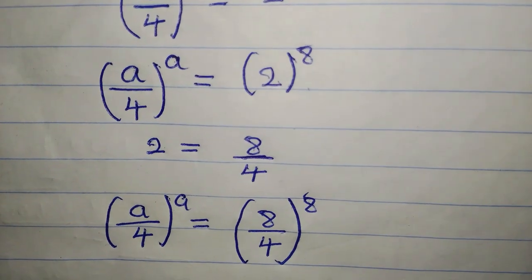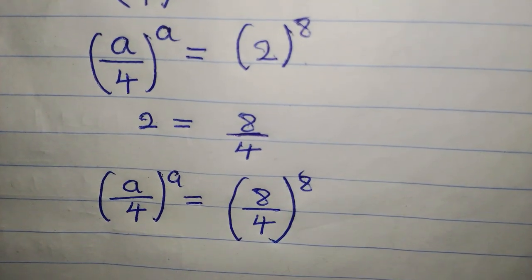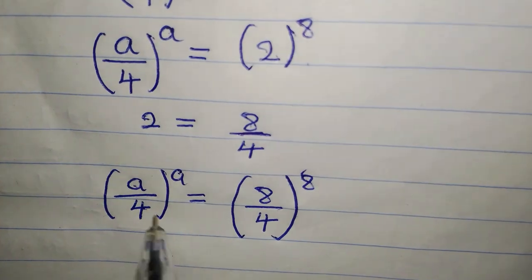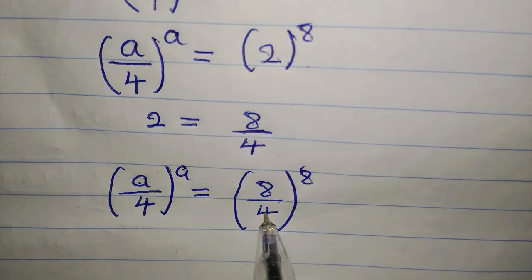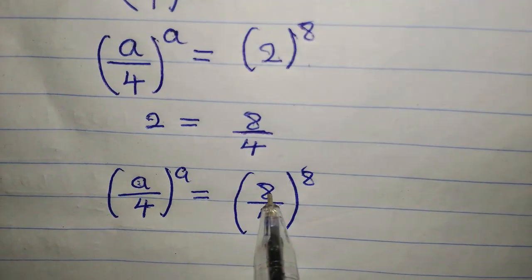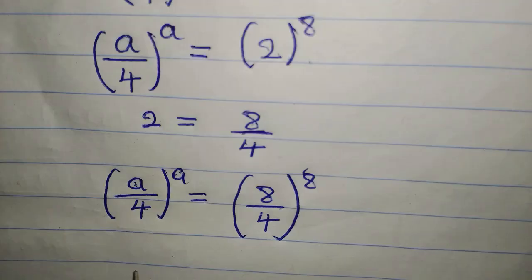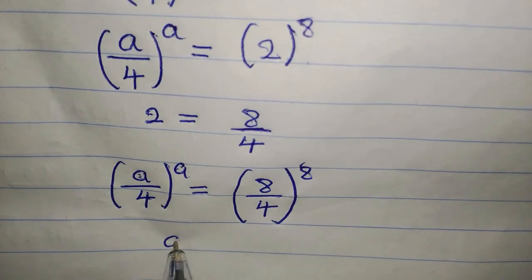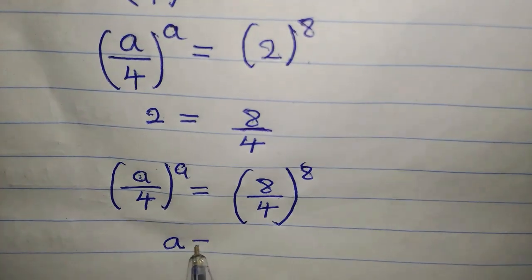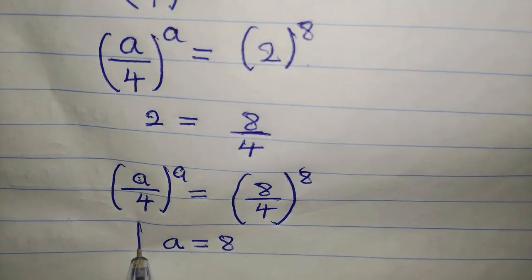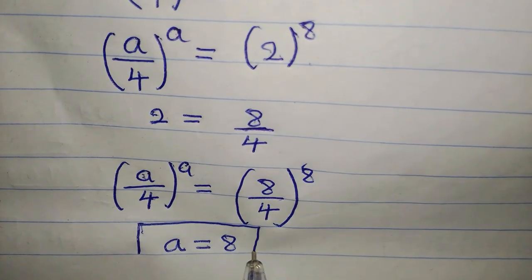From here we can now compare. By comparison, we have 4 at the denominator, we have a here and 8 there, and at the power we have a here and 8 there. So we can simply say our a is equal to 8. This is the value of a in this challenge.